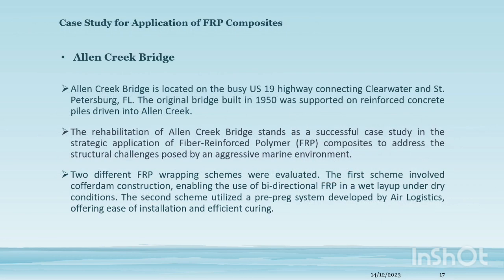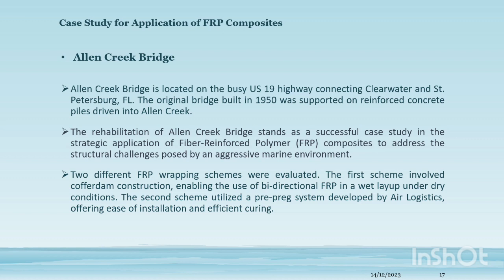Case study for application of FRP composites: Allen Creek Bridge. Allen Creek Bridge is located on the busy US 19 highway connecting Clearwater and Petersburg. The original bridge, built in 1950, was supported on reinforced concrete piles driven into Allen Creek.